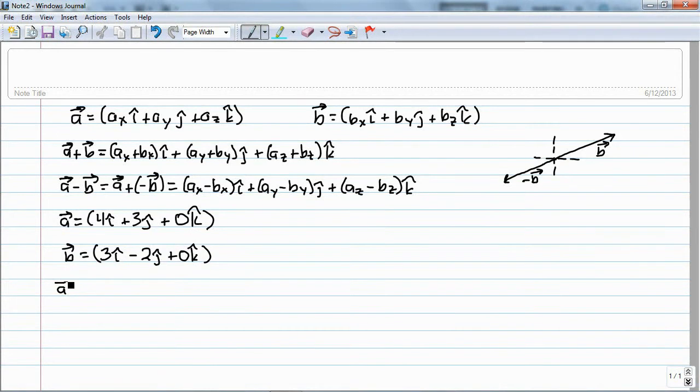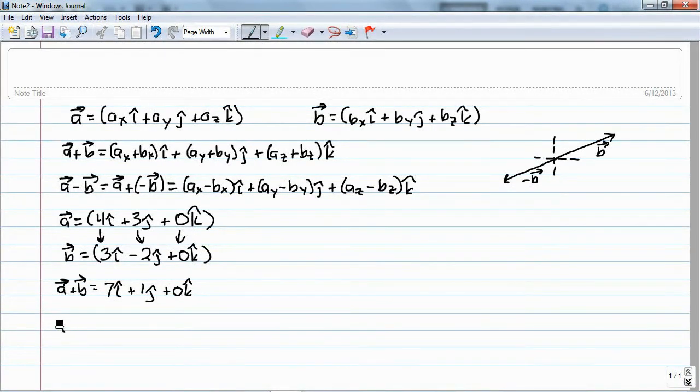So A vector plus B vector is going to be equal to, well, just going to add each of the corresponding components. So I'm going to have 4 plus 3, 7 i hat. I'm going to have 3 minus 2, plus 1 j hat plus 0 k hat.